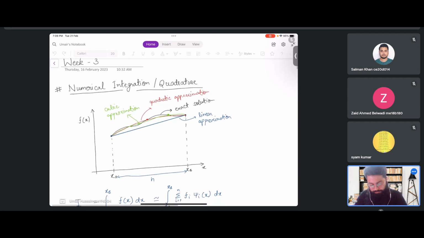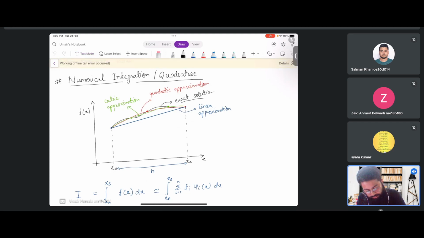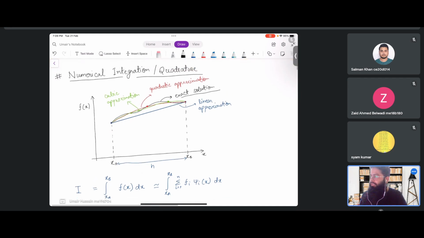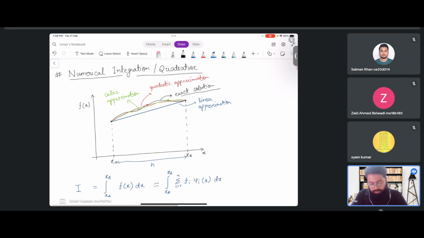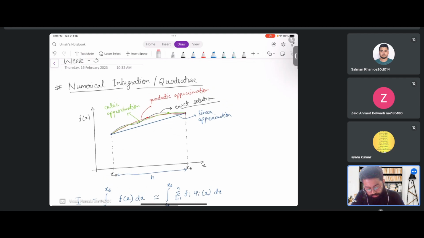Suppose we have some random function, shown here in black line. This is the exact solution shown here. I hope my screen is visible, right? So suppose we have some random function which we need to integrate between the limits x_a to x_b.